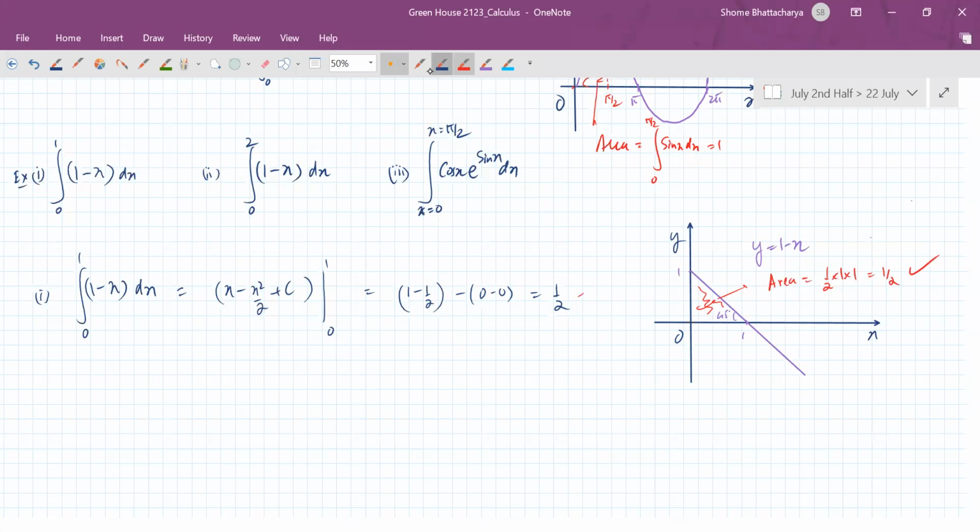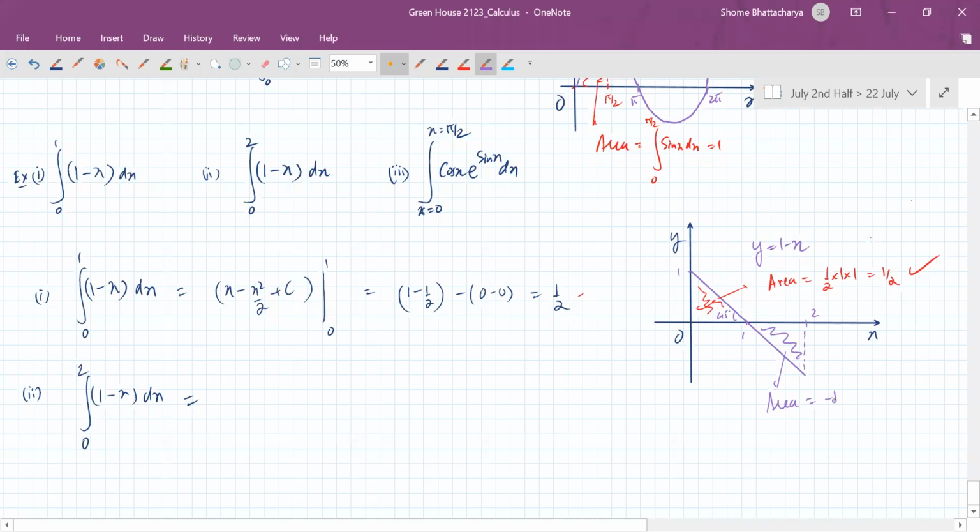But the second part, when we are doing the same thing, we are integrating, but the limit is going from 0 to 2. Now there's a reason why the answer you're getting is 0, because now you can see the second part, the area is this. So this area will actually be counted with a negative sign. It will be minus half.